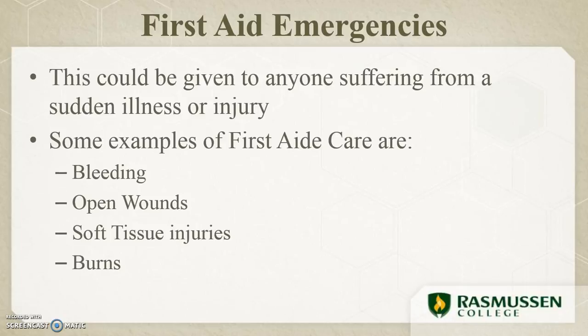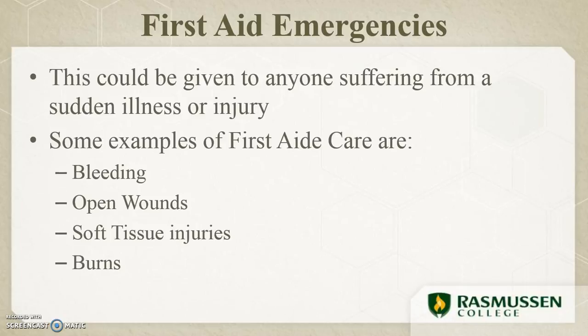So with first aid, some of the things that we need to talk about are emergencies that you might encounter. First aid is the assistance given to any person suffering from a sudden illness or injury, with care provided to preserve life, prevent the condition from worsening, or promote recovery.